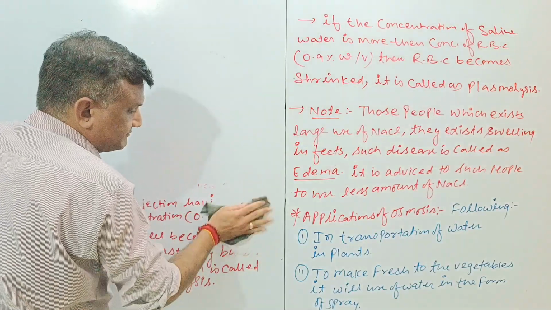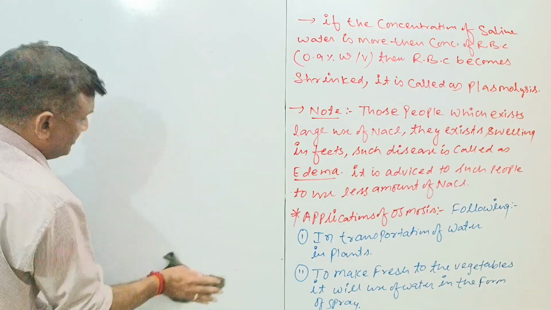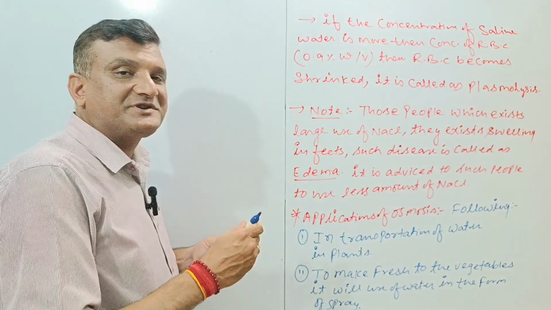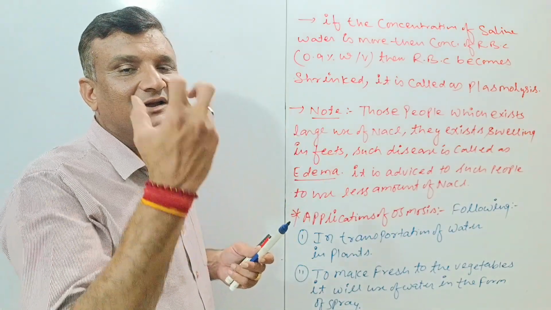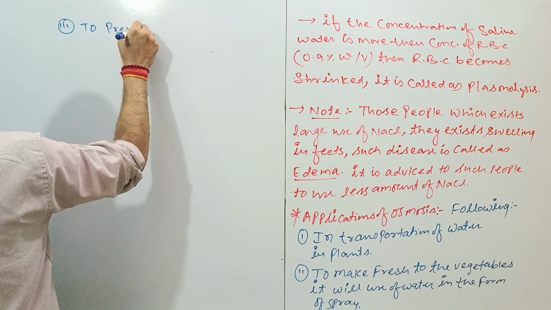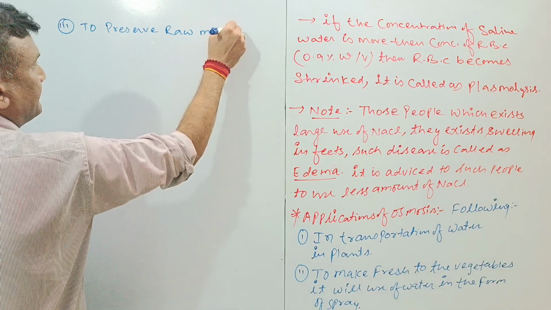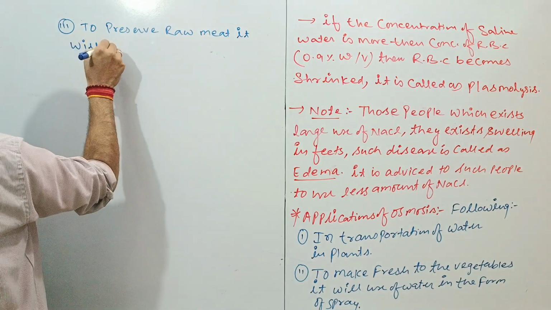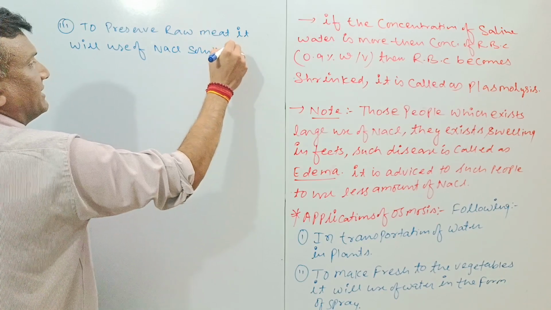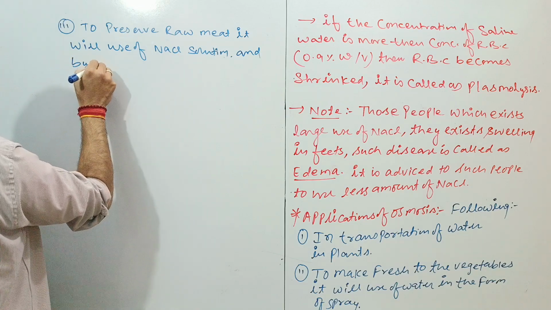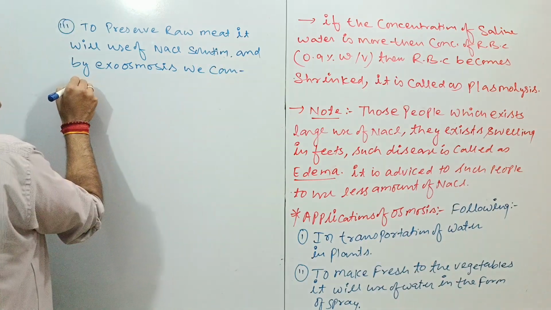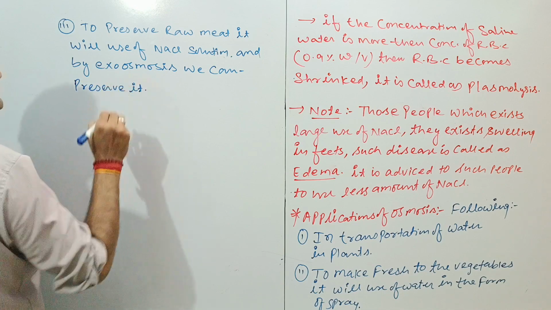If we go with raw meat, जो कि प्रिजर्व करना हो रॉ मीट को, तो उसे भी हम NaCl सॉल्यूशन में सस्पेंड करके रखते हैं ताकि लॉन्ग टाइम तक वो प्रिजर्व रह सके. उसमें भी एक्सोस्मोसिस हो जाए, एक्सोस्मोसिस के थ्रू पर्टिकुलर मीट से पूरा वाटर बाहर निकल जाए और लॉन्ग टाइम तक वो फ्रेश बना रहे. सो we can say that to preserve raw meat, we use NaCl solution and by exosmosis we can preserve it. This was the third application.